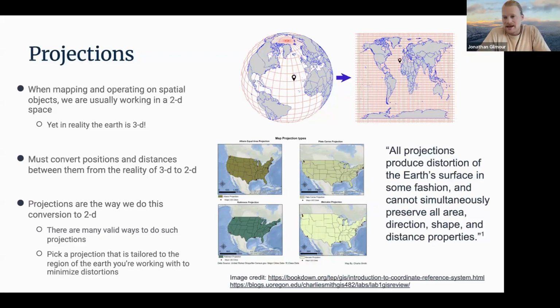If you print out a paper, or you see something in a newspaper, it's probably 2D space. But we all know the Earth is in 3 dimensions. So this presents a challenge. We have to convert positions and distances between 3D and 2D.